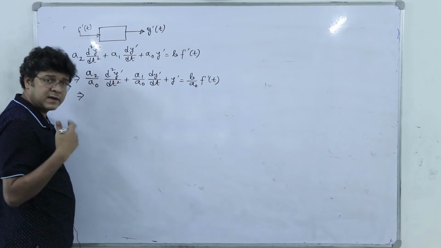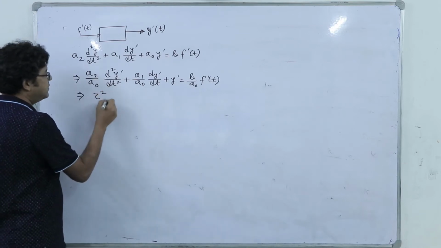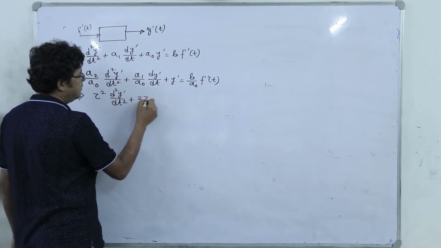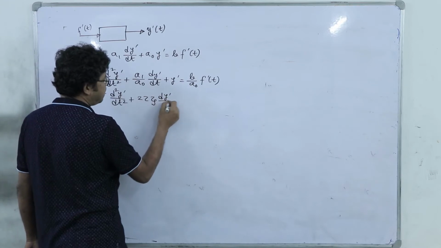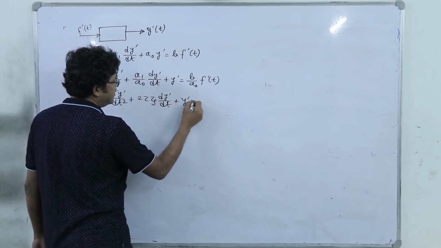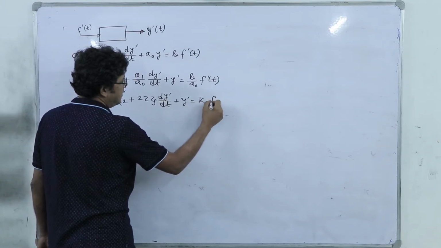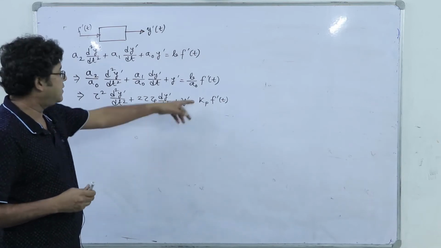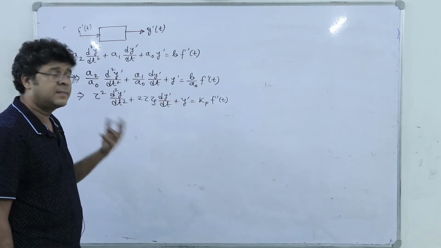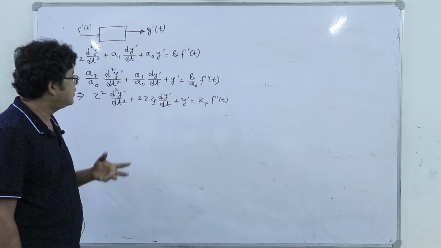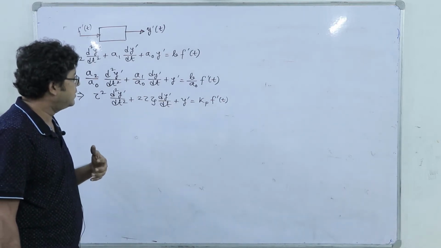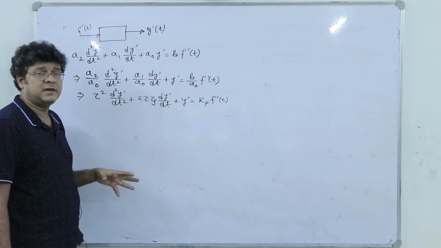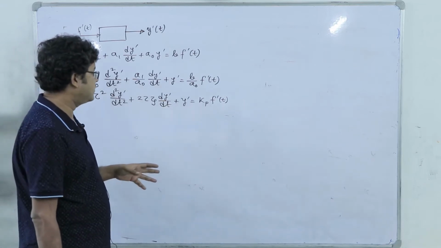This has a physical significance, we will discuss that. Let us say it is tau square, and this is 2 tau zeta, and this is, as usual, Kp. I mentioned during the discussion of the first order process that this Kp, the static gain or steady state gain, is universal to any system, not only restricted to first order systems, whereas the time constant is specifically a parameter associated with first order systems.